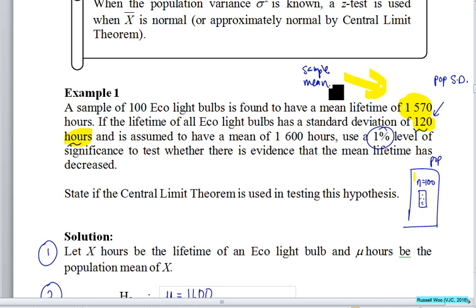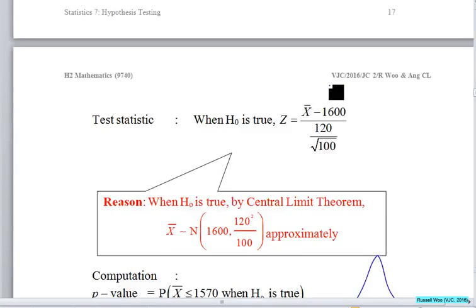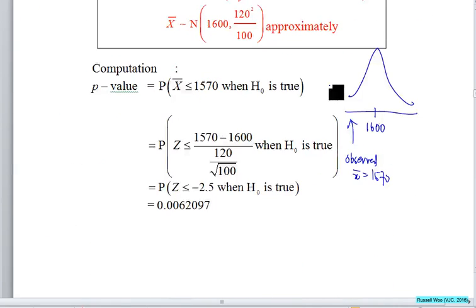That means I collect 100 values, x1, x2, x3, x4, up to x100, divide by 100, and I got 1570. What is the probability of getting a value as extreme as 1570? That means I want to find out what this probability is.